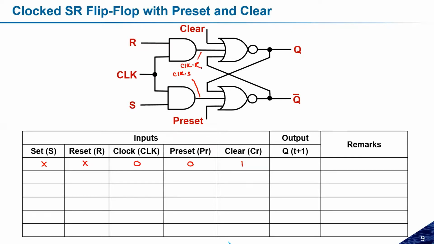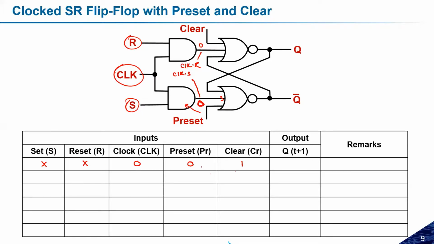These two are the outputs of these AND gates, and this is one of the inputs of this one. So if the clock is equal to 0, by default you will get 0 0 over here, and even though we are changing set and reset, it does not matter. The output of this AND gate will always be 0, whatever the set and reset are.